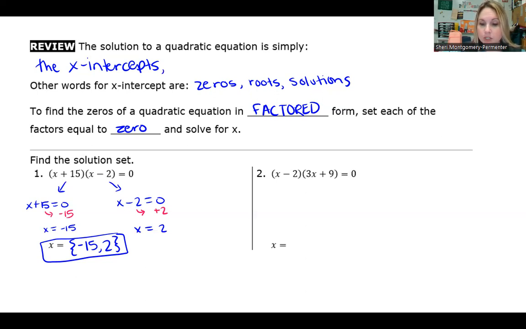For the next question, I'm going to do the same thing. I'm going to set each one of these factors equal to 0. All right, my friends, y'all need to focus. What do we do with the left branch? Add 2.